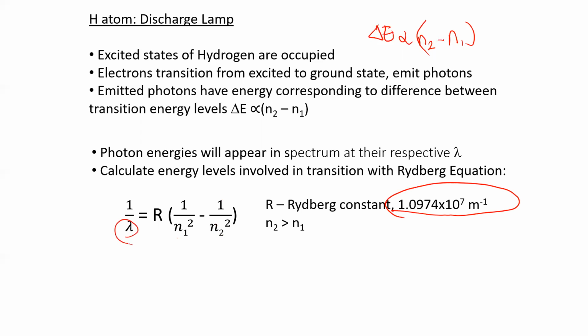And if you don't make the N2 the larger energy, this value doesn't work, or you'd have to take an absolute value. So to make this easier, you're going to make your N2 squared in these particular problems bigger than N1. So this is from the excited state. You can think of that as your initial state, and it's falling down to the ground state or a less excited state, a lower energy level.